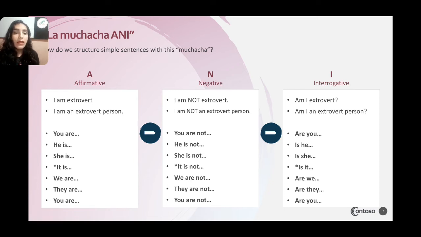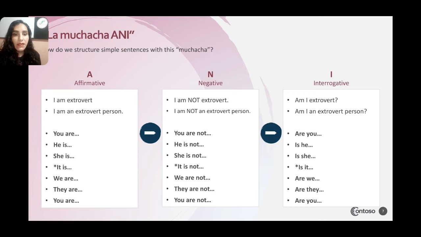Okay. And then you have in that chart all the conjugations with all the personal pronouns. Si quiero estructurar en afirmativo, voy a ocupar you are, he is, she is, it is, we are, they are, you are.